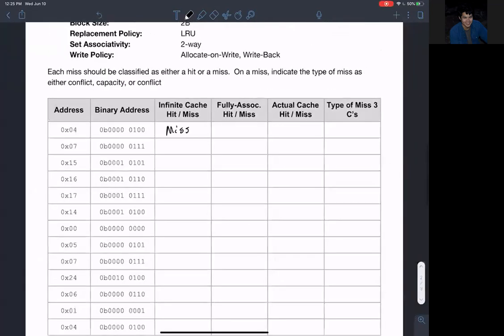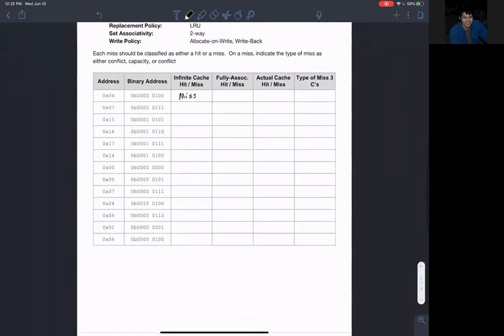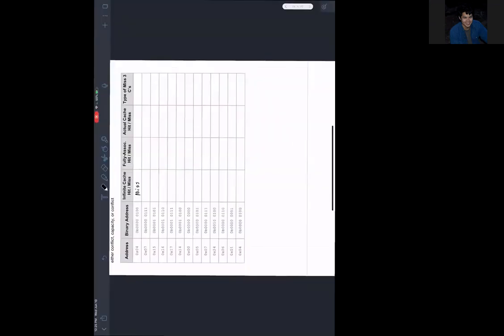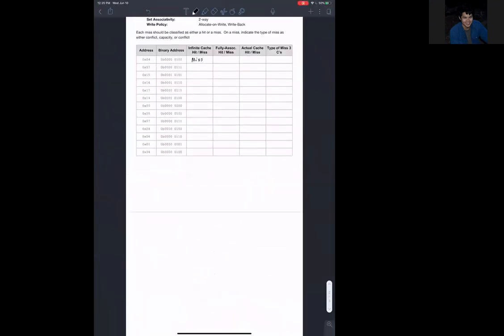And now in our infinite cache, we have, just gonna write it down below, the address 000 and then 010. And because address 0x07 is also not it, we're gonna have a miss. And because our infinite cache missed, there's no way a fully associative cache can hit, and our actual set associative cache can miss. So that means these misses are also going to be brought over. And these misses are compulsory.